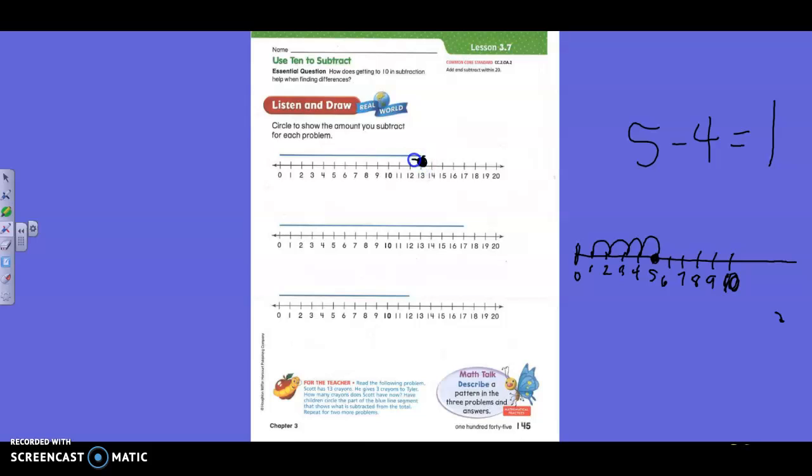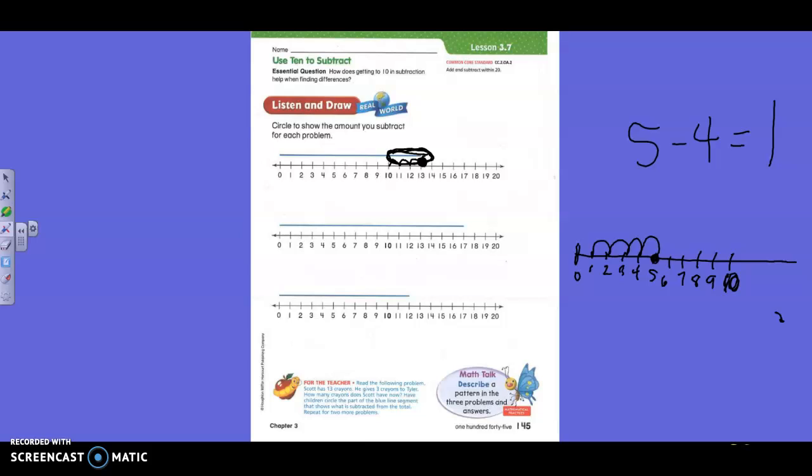Let's jump back 3. 1, 2, 3. How many is he going to end up with? 10. I want you to circle the amount we subtracted right here. He went back that much on the blue line, so circle that much on the blue line.